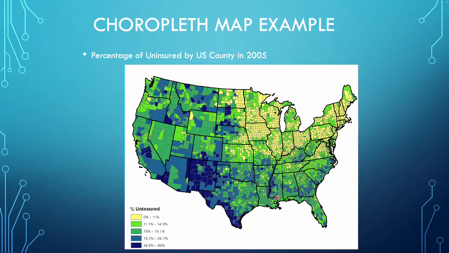That's all it really means. In this particular case, it's showing the percent of uninsured people by county for the entirety of the continental U.S. These are from 2005. You can see some pretty significant differences across the country. The farther west and south you get, the higher the percent of the uninsured becomes.